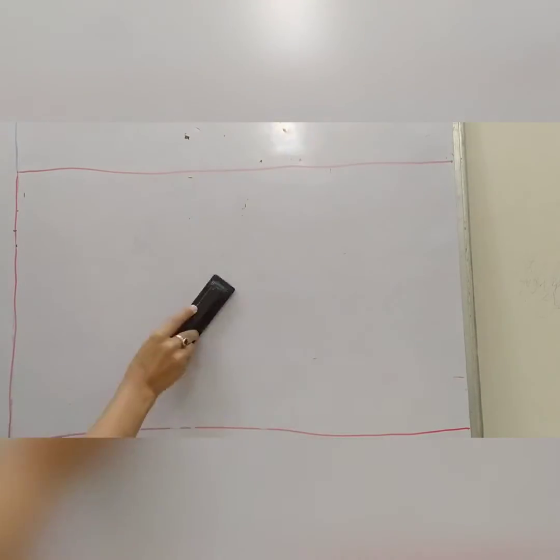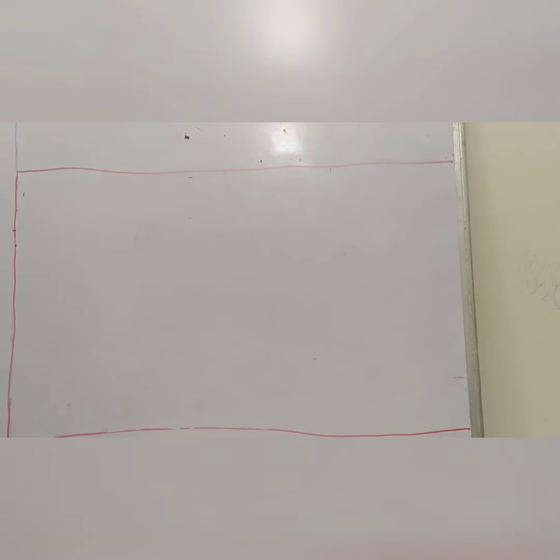Now moving to the next question. Now we have: what happens when a copper vessel is exposed to moist air for a long time.